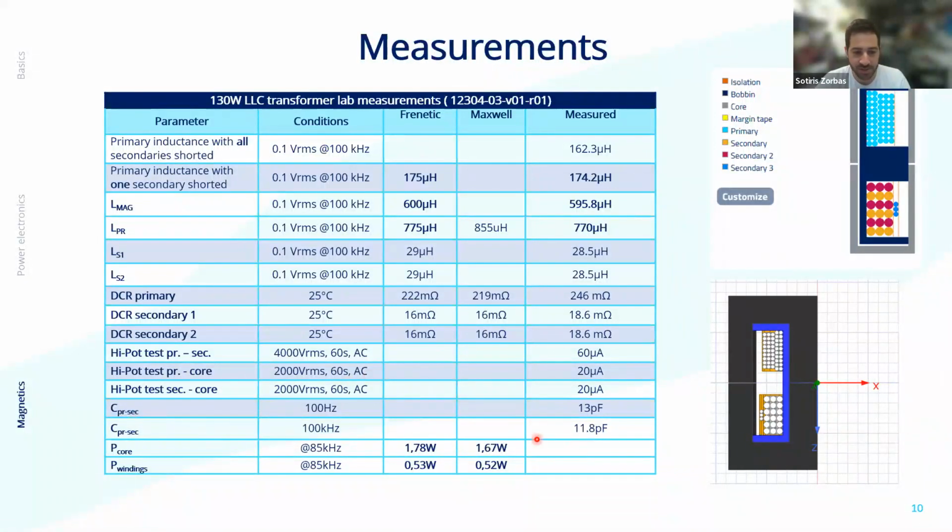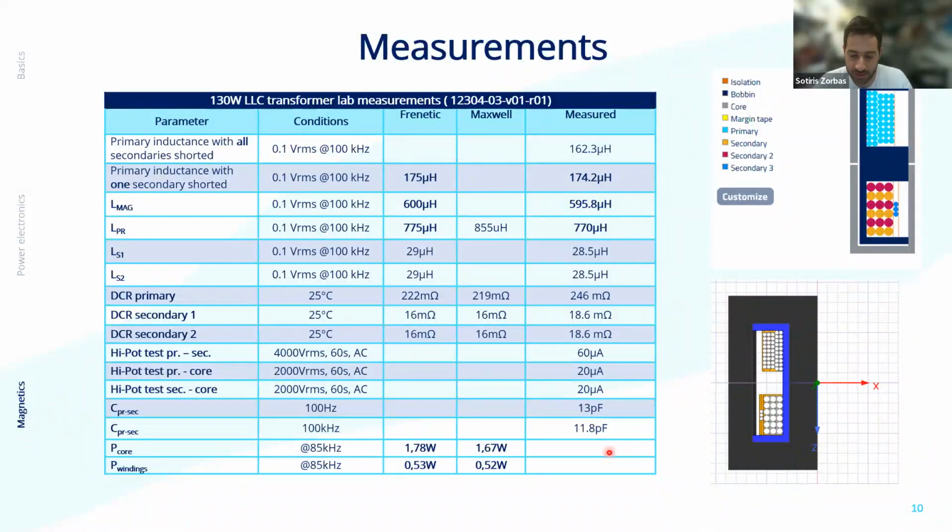The primary and secondary capacitances were measured at 100 hertz and 100 kilohertz to show the difference is practically the same at 30 picofarads. This is a very nice thing with LLCs when there is a two-chamber approach here, that the capacitance is really low between the two windings, the primary and the secondary, because there is this large gap here.